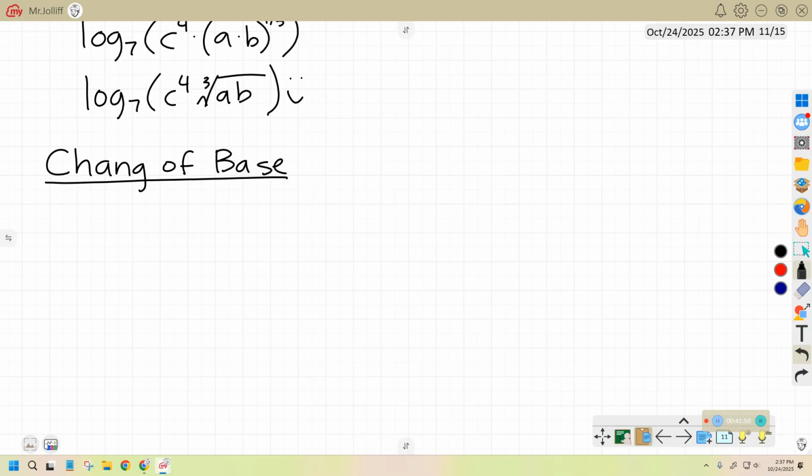So change of base formula, log base b of x. And I want to rewrite it in a base that my calculator has a button for, meaning a log or a natural log.